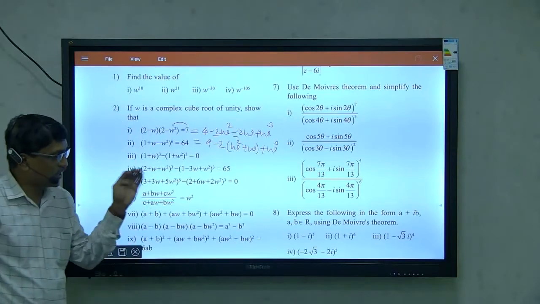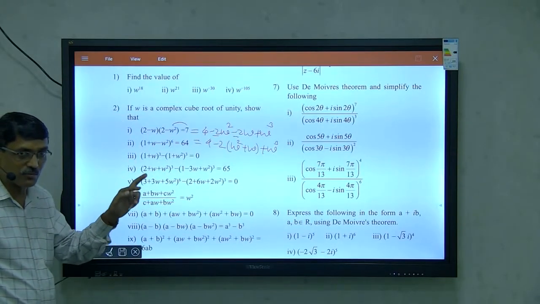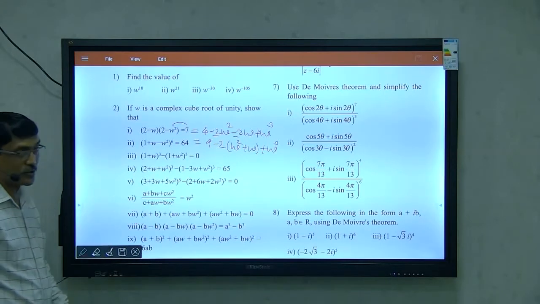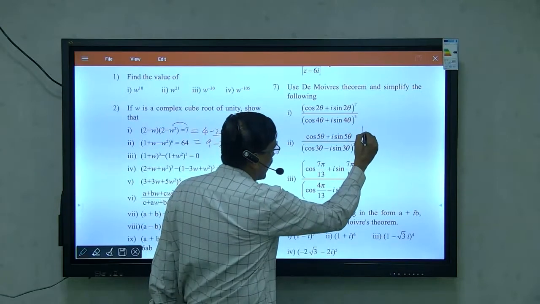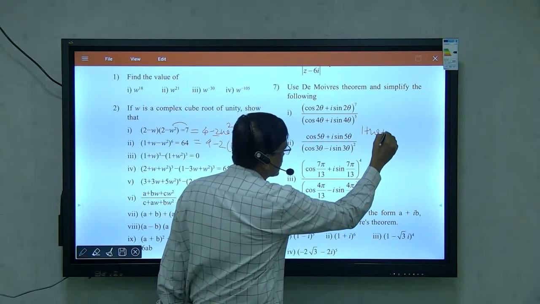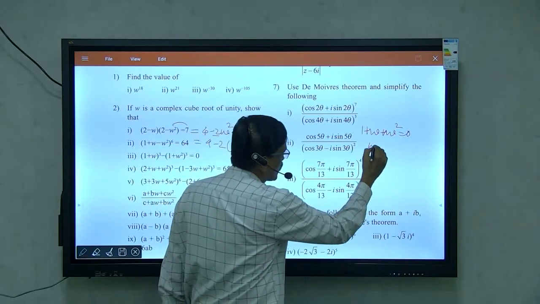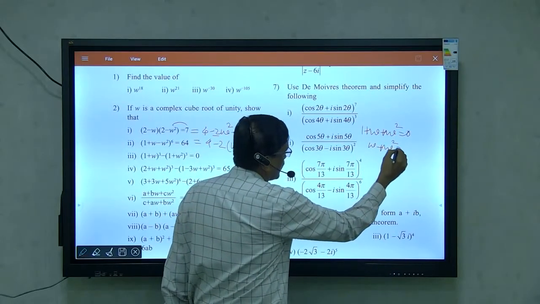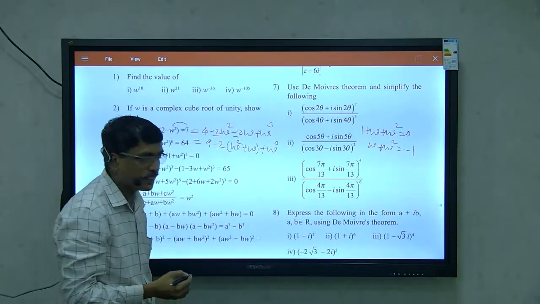While learning properties of omega, we missed one important property. We know that 1 plus omega plus omega square is equal to 0. Therefore, omega plus omega square is, transferring the 1 to the right side, minus 1.